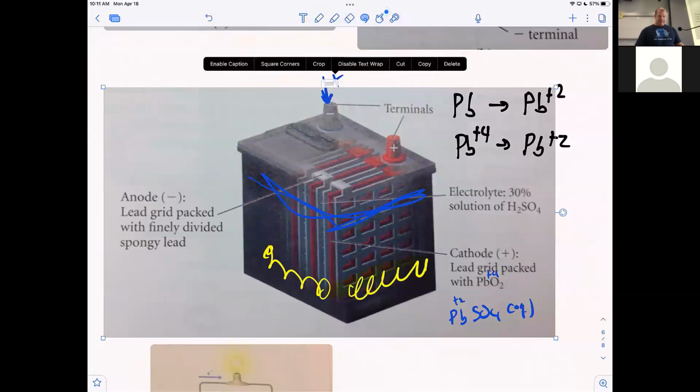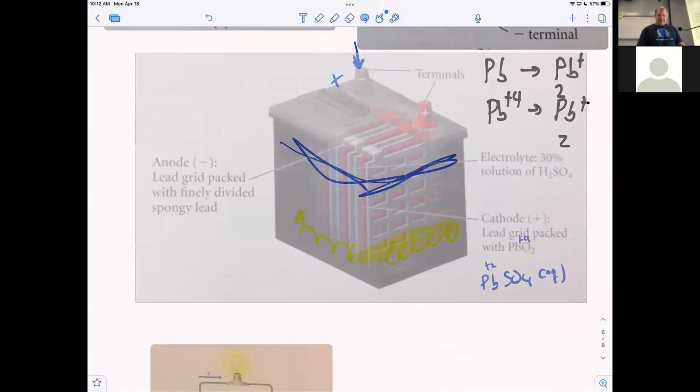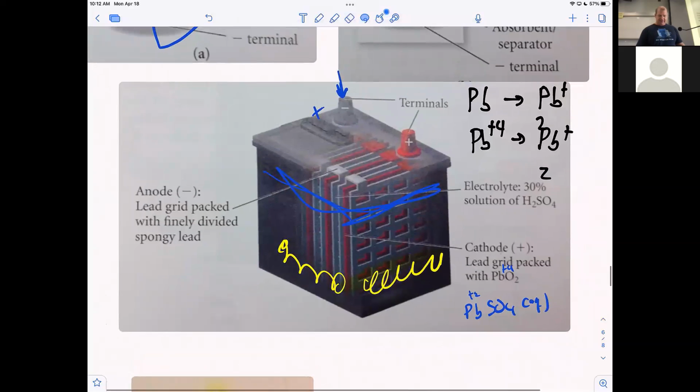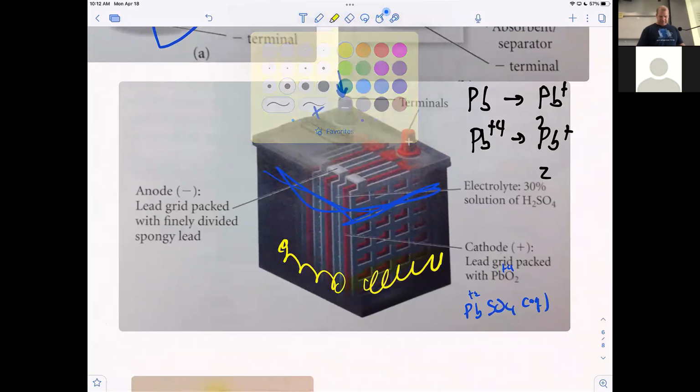And if your battery explodes, you're going to have a sulfuric acid solution coming out of there. So there have been many people that have been blinded by this.